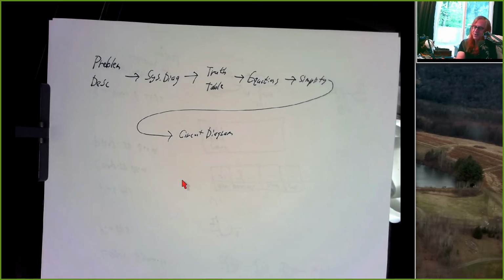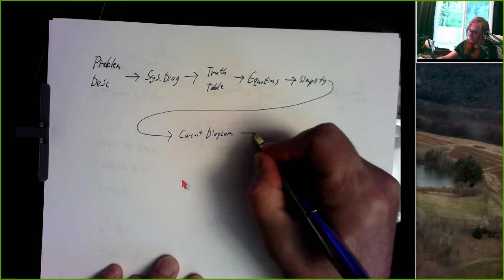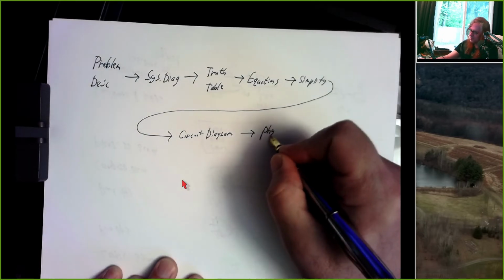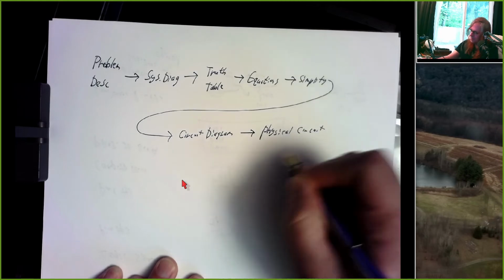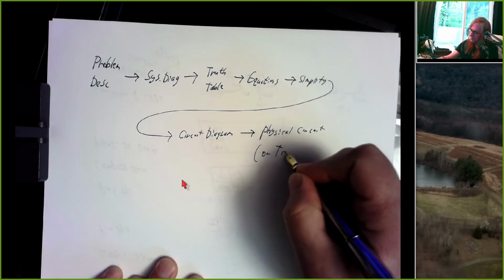But eventually we're going to have a complete schematic diagram that has pin numbers, part numbers, switches, LEDs, component ID block, all of that stuff. And then from here we can get to the physical circuit. Or for us right now, Tinkercad.